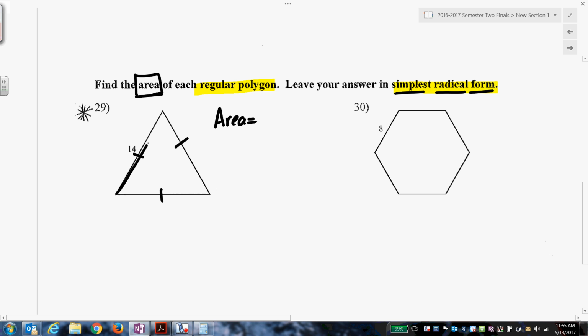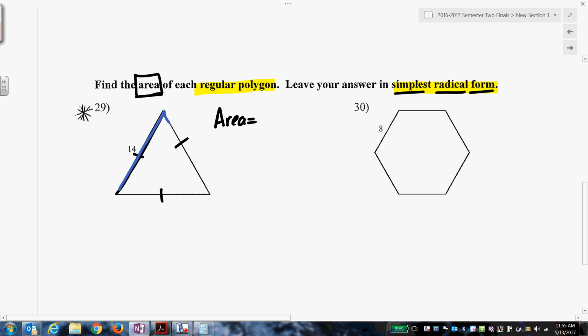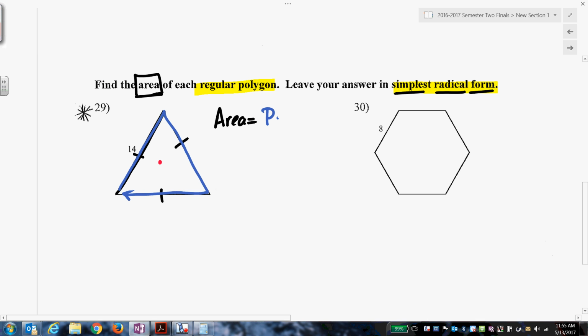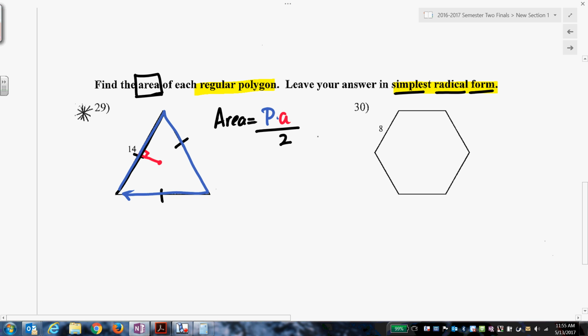That is perimeter times apothem, which goes from the center at a right angle to the midpoint, over 2. Now let's look at what we have here.